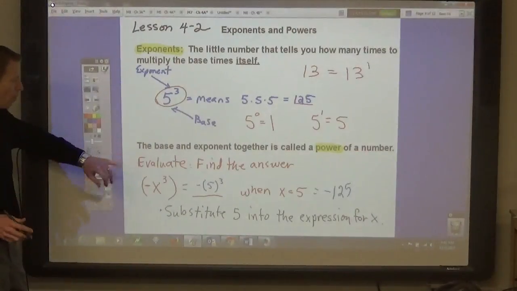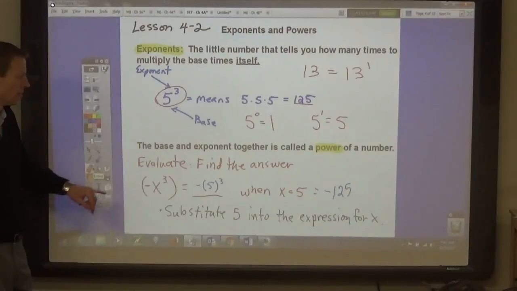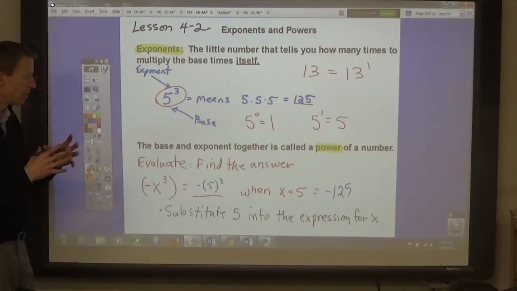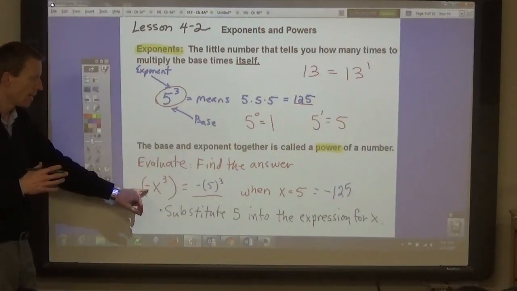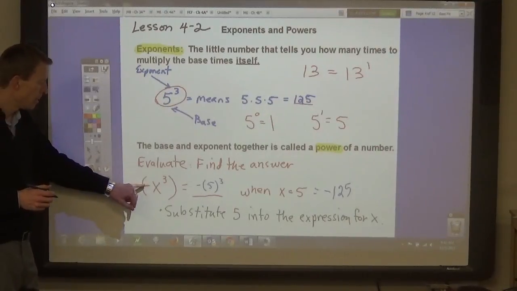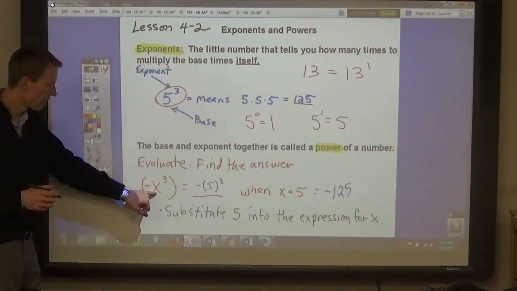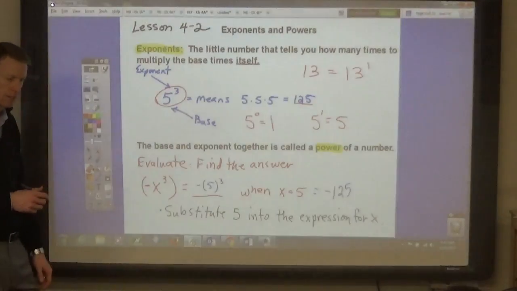Now, when parentheses are around a power, it puts the exponent together with the power, and the negative sign, if there's a negative sign. So this means negative x times negative x times negative x.